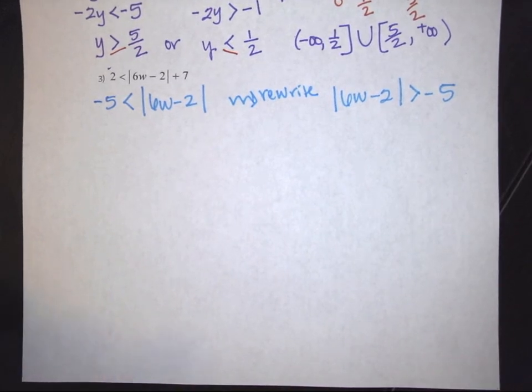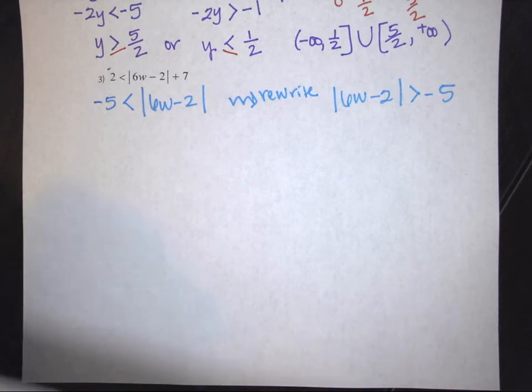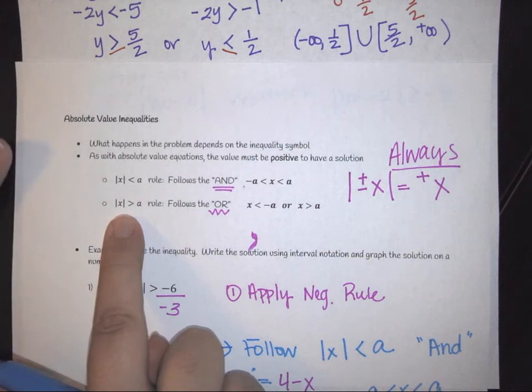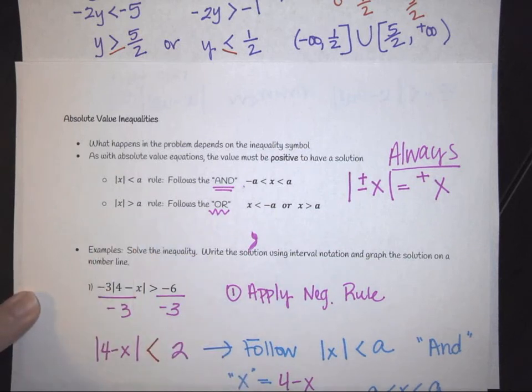So if you're somebody who needs to shift it around so you can see it better, that's perfectly fine. I personally like to rewrite it because I like using something that matches the rule. And if you remember, both of our rules have this absolute value here on the left-hand side and the constant on the right. So I like to rewrite to make it match so that I don't accidentally assign the wrong rule to the wrong problem.